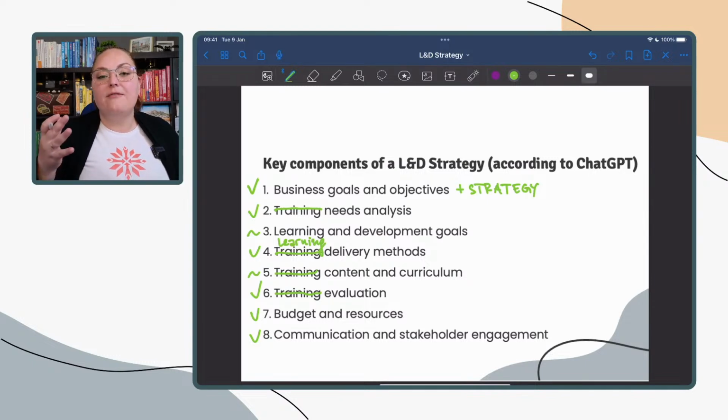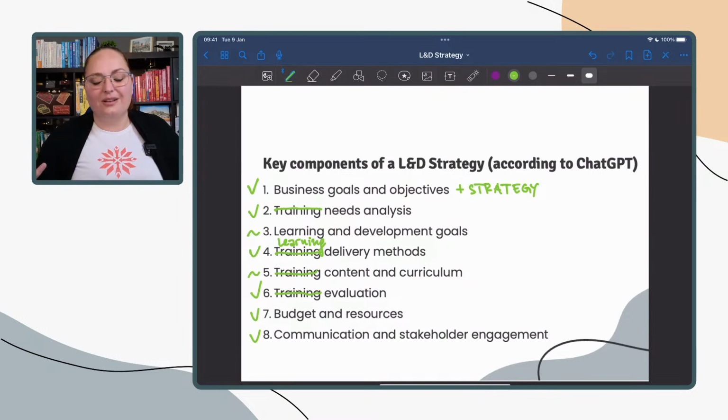Simply because if you have this super amazing strategy, this super amazing plan for the year ahead, and you tell no one about it, people won't be able to get on board. They won't be able to understand even where it's coming from, why you're doing it the way you're doing it, why you are focusing on certain things and not on other things, especially if your L&D strategy involves things that have never been done in the company before.